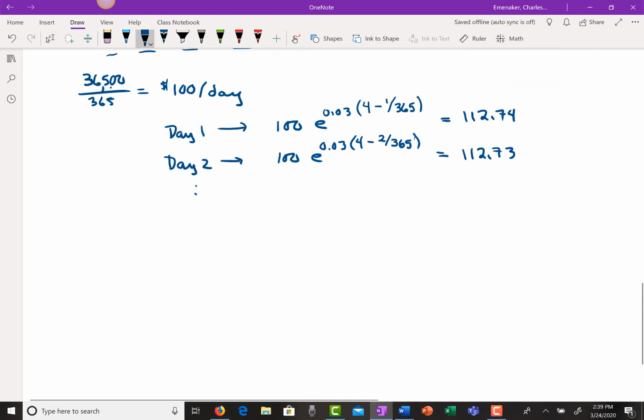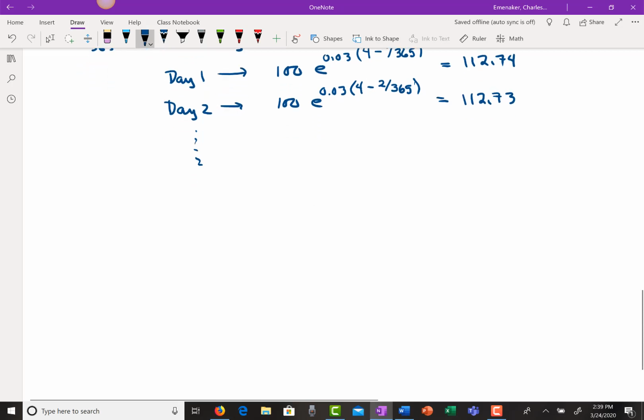If we continue all the way down to the last day, okay? So on the very last day of this 4-year term, at the end of the business day, they deposit $100 into the account, and at the end of that business day, you withdraw everything from the account.